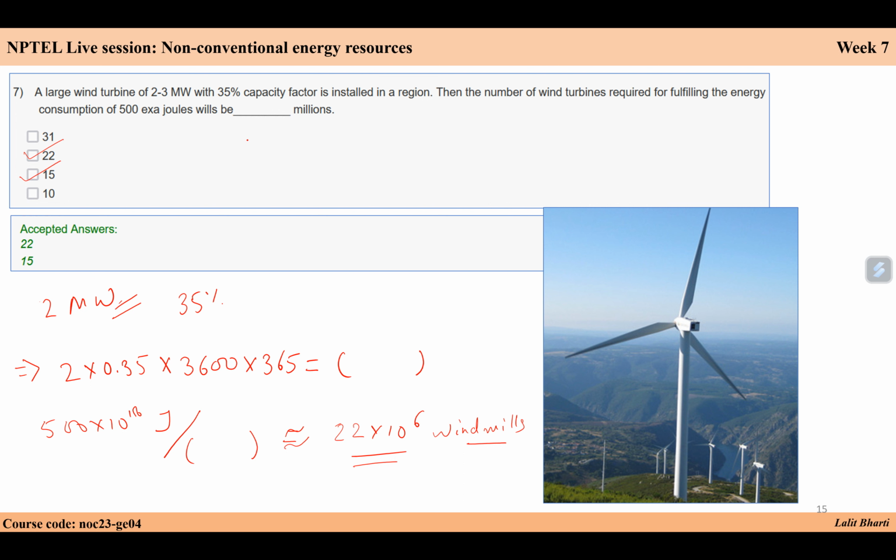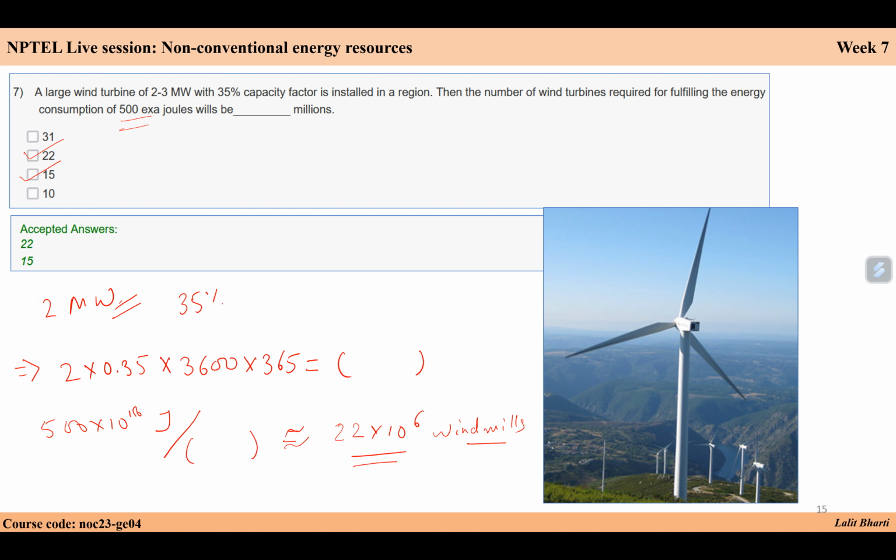So this is a simple example of the number of windmills required for fulfilling the energy consumption of the world. So 500 exajoules is a rough estimate of energy consumption by humanity.